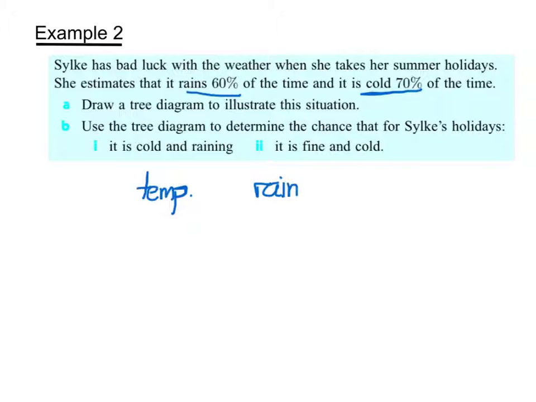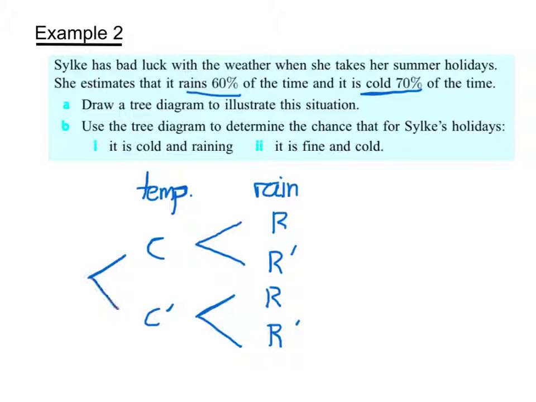Now for the first column, it could either be cold or it could be not cold. And in the second case, we could have rain or we could have no rain in both cases.